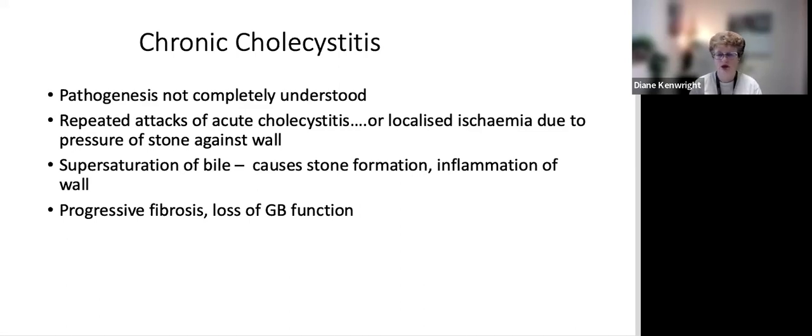And we also know the pressure of stones against the wall can lead to localized ischemia. We know that just the supersaturation of bile, which causes stone formation, can also cause inflammation of the wall. Whatever the cause, what happens is we get progressive fibrosis and thickening of the wall with chronic inflammation.